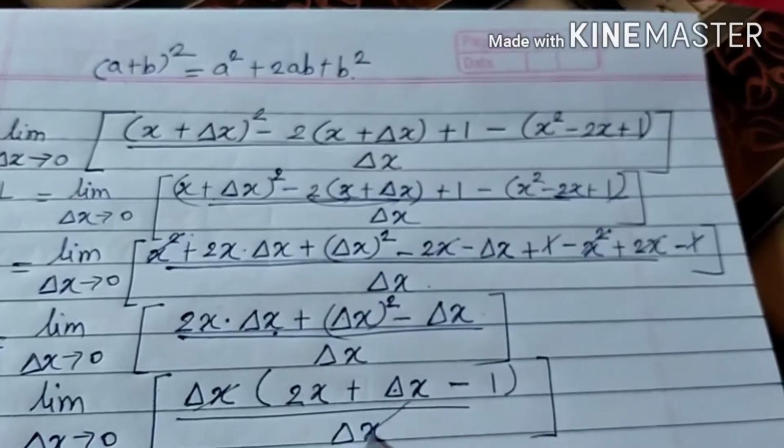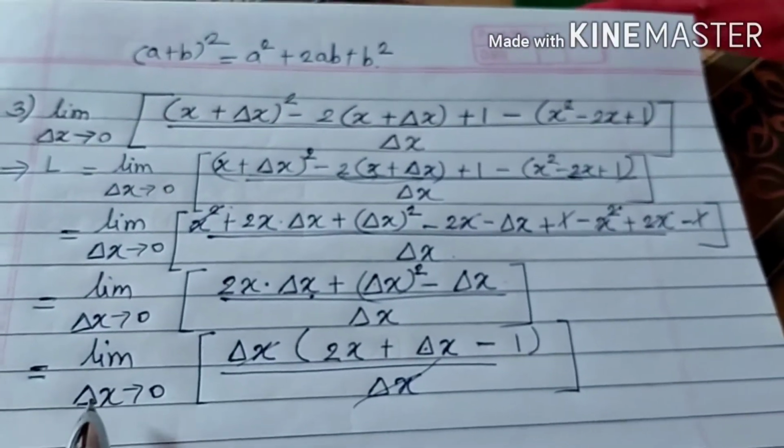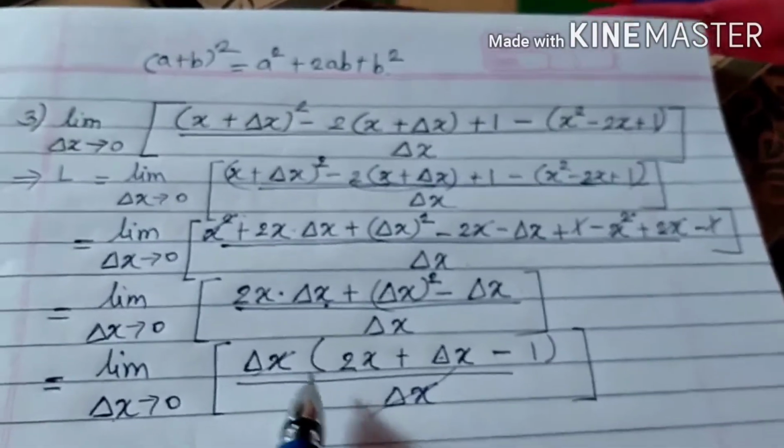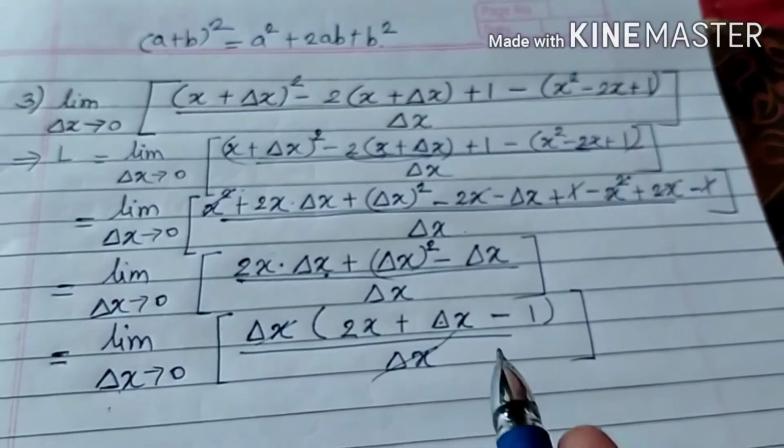Now delta x gets cancelled. So the factor which makes 0 or makes infinity is cancelled. Now you can apply the limit.